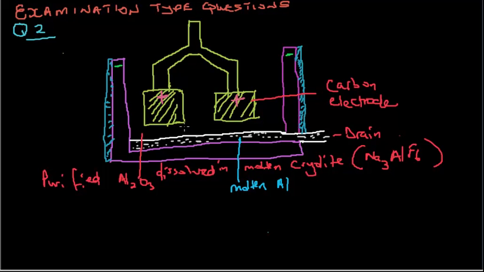So this one is an electrolytic cell. As you can see here, we have our positive carbon electrodes, which act as the anodes, right? And the negative electrodes act as the cathodes, which is the opposite of what we have on galvanic cells.